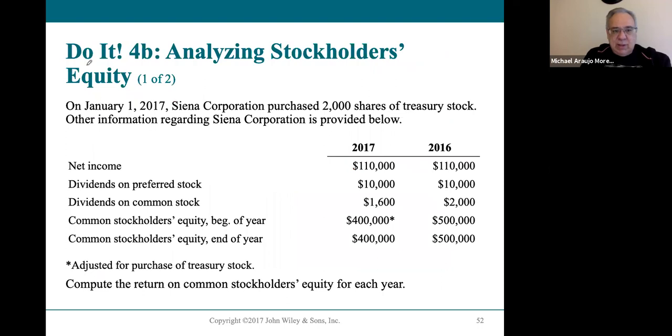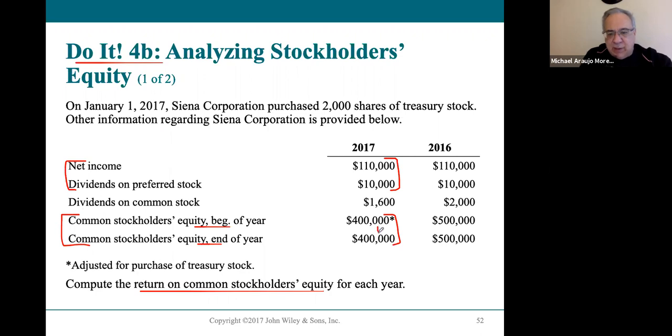Learning objective 4 ends with a little bit of analysis. Again, return on common stockholders' equity is your net income minus your dividends on preferred stock divided by the average equity. So for 2017, net income minus dividends on preferred stock divided by average equity.